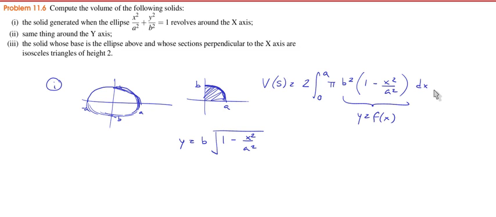Okay, so we have 2 pi b squared times x minus x cubed over 3a squared, between a and 0.